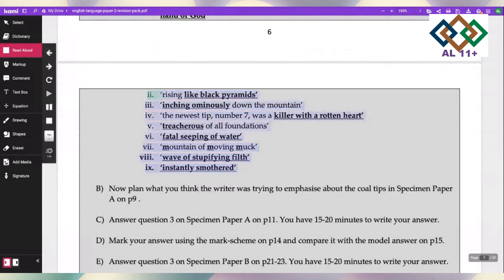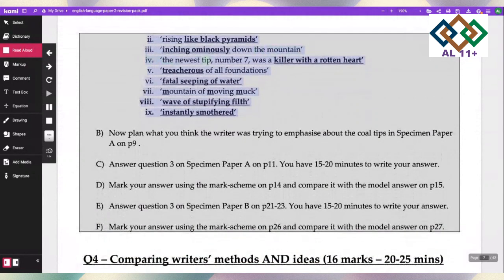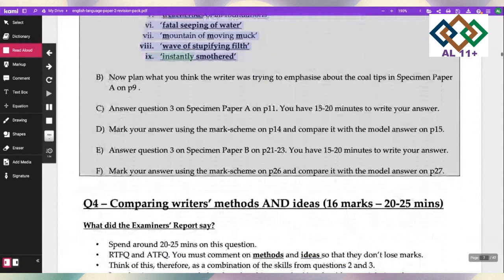Two, rising like black pyramids. Three, inching ominously down the mountain. Four, the newest tip, number 7, was a killer with a rotten heart. Five, treacherous of all foundations. Six, fatal seeping of water. Seven, mountain of moving muck. Eight, wave of stupefying filth. Nine, instantly smothered.